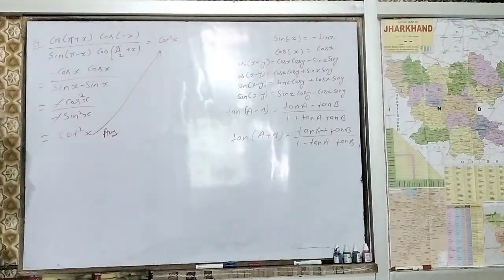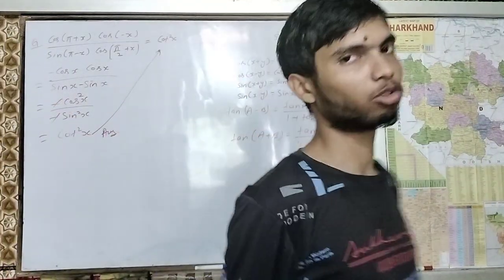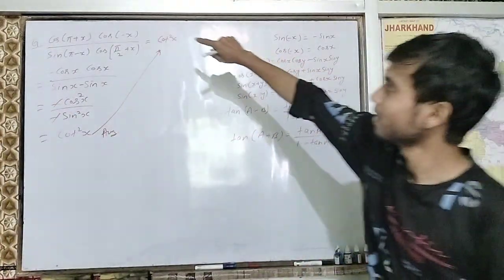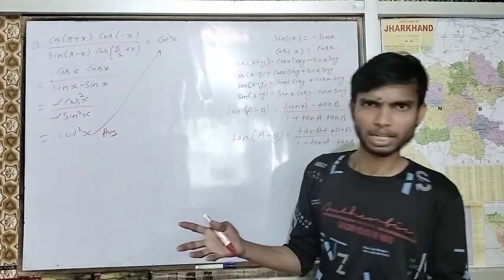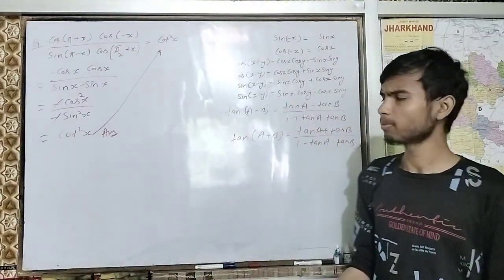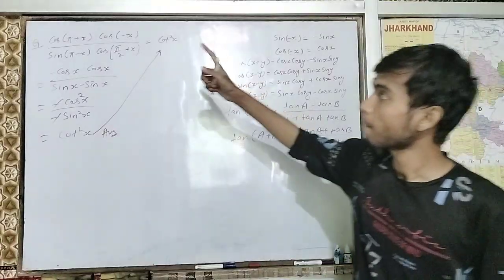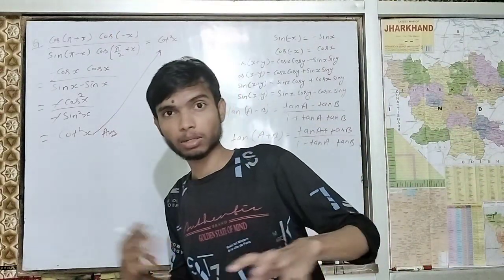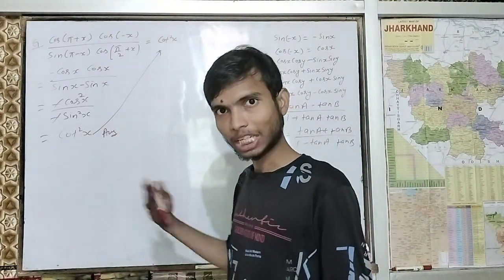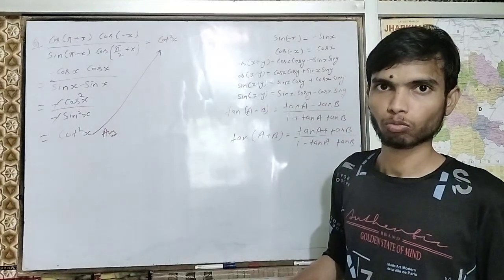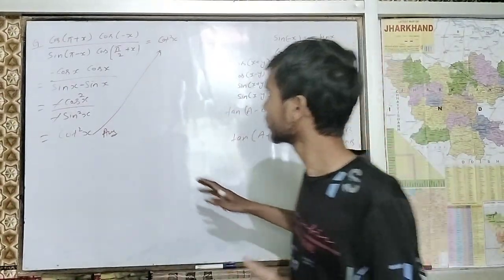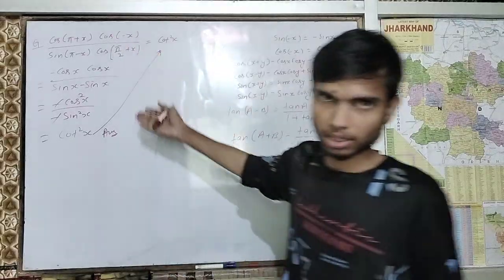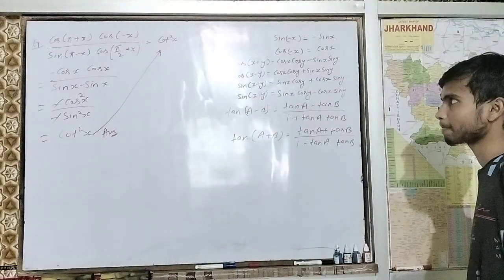Now let's analyze the process. Here we saw that the first angle is 180 degrees. That's why the trigonometric function will remain as it is. The operator will be negative. Why? Because it is going in the third quadrant, rather than the fourth quadrant. Next, cos minus x is equal to cos x.